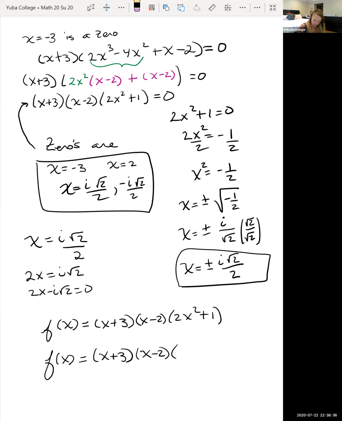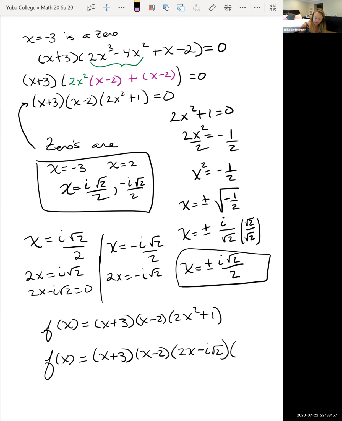So that we said was 2x minus i root 2. And the other one was x equals negative i root 2 over 2. We multiply both sides by 2. We get 2x equals negative i root 2.